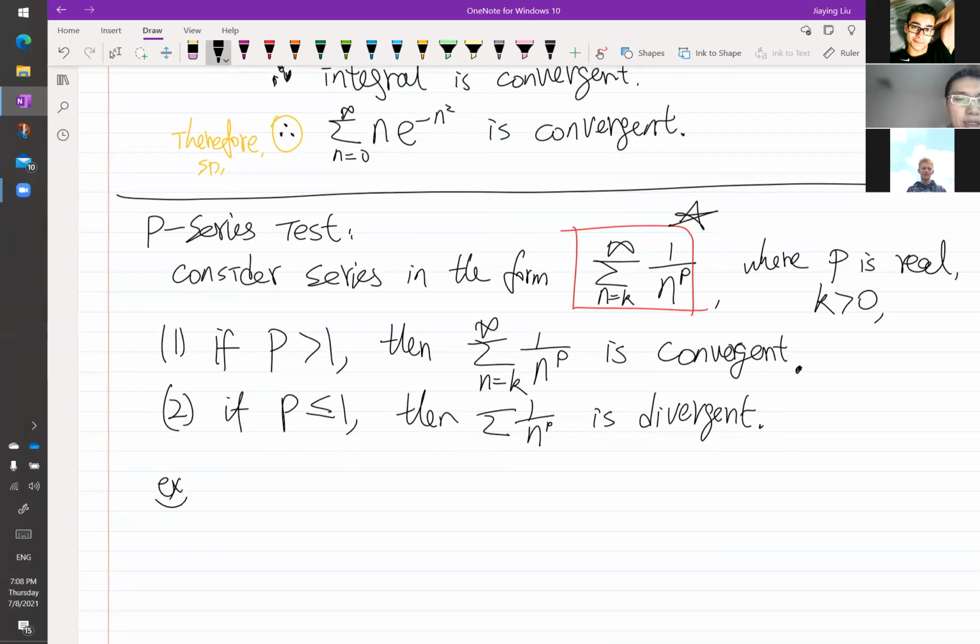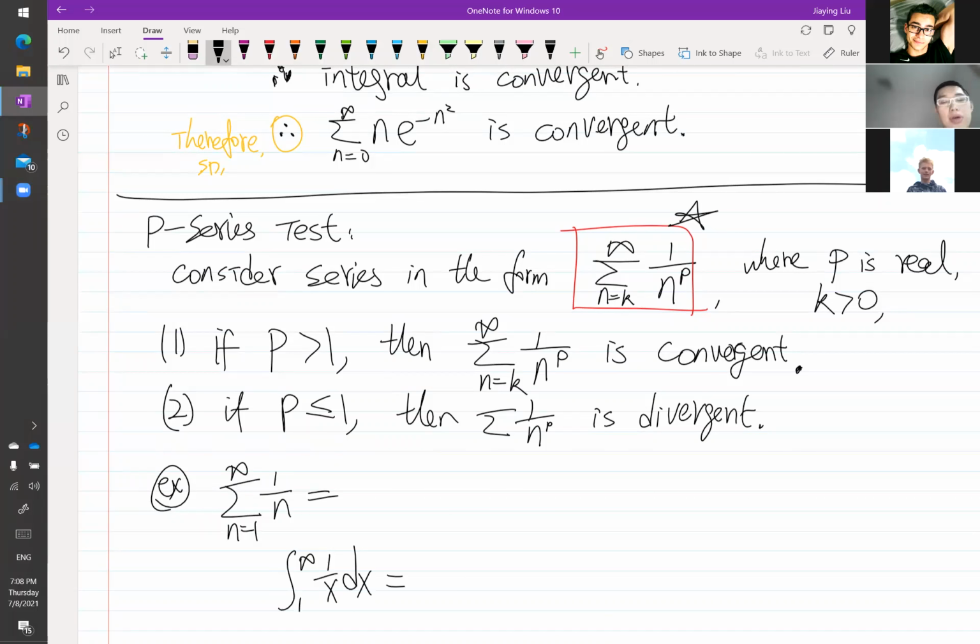So for example, let's consider the series 1 over n, going from 1 to infinity. We have done this before, right? I think we've done something like this. You can use the integral test, from 1 to infinity, 1 over x dx.